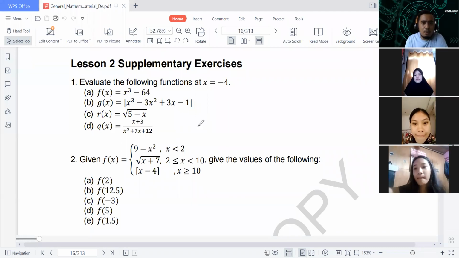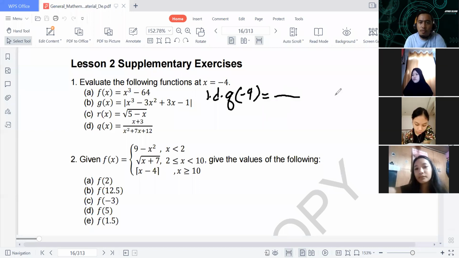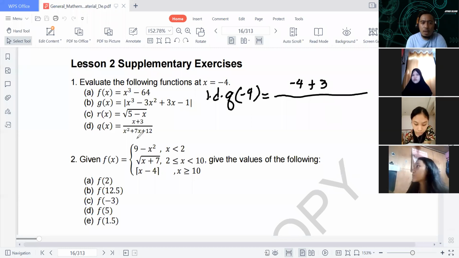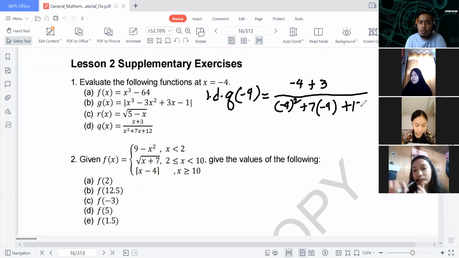Okay, let's have 1D. So in 1D, your function is q of x. And again, the input is -4. And your function q of x is defined by x plus 3 all over x squared plus 7x plus 12. But this time, the input x will be replaced by -4. So in this portion, it will be -4 plus 3. While in the denominator, it will be -4 squared, plus 7 times -4, plus 12.